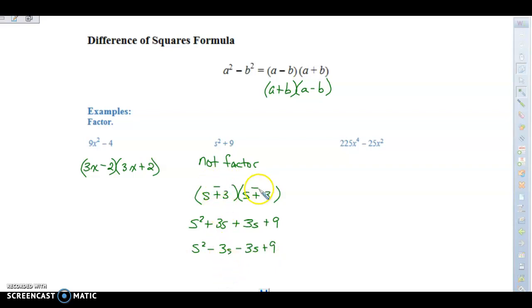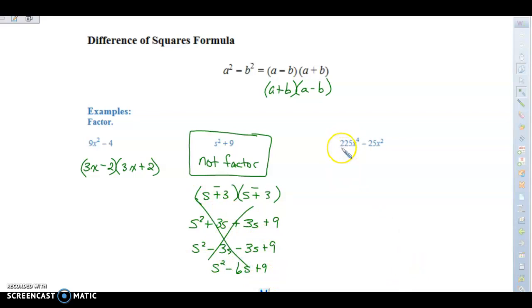Depends on if I'm using the positive or negative. But when I look at these, they don't cancel each other out. This becomes negative 6s plus 9. And this is not the same as this. So that is why when you have a plus and two perfect squares, it will not factor out. Okay? It does not work.